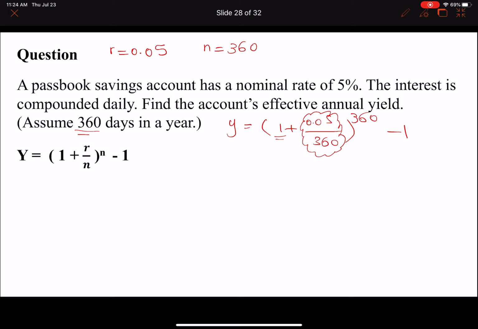So use your calculator: 0.05 divided by 360, whatever it is, added to 1. The result to the power of 360, you get a number. Now subtract 1. We get something around 0.05.